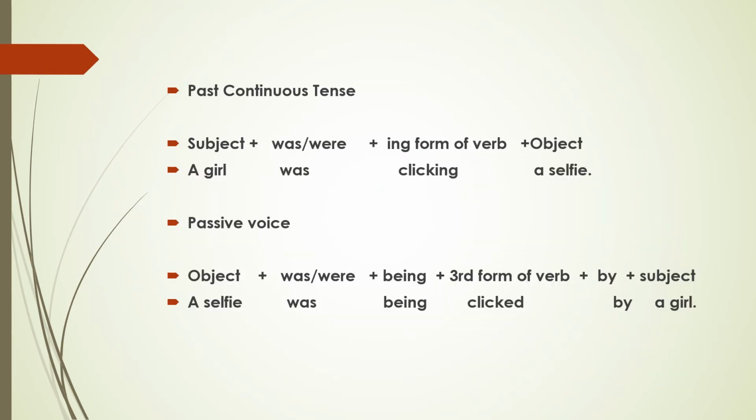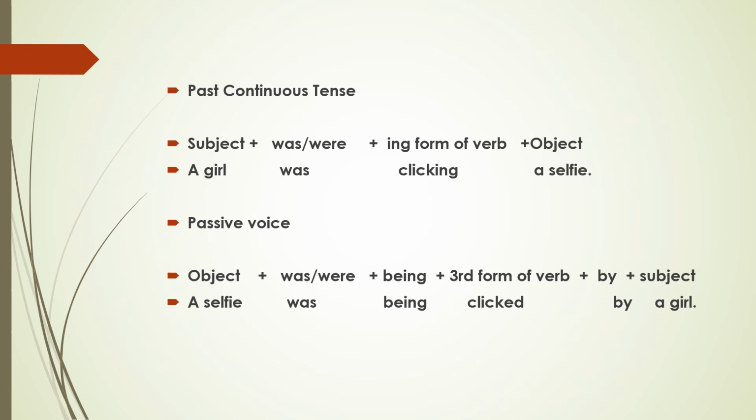So let's again revise the conversion of past continuous tense to passive voice. As you can see the formula, in the active structure there will be a subject, then was and were plus the ing form of the verb, followed by an object. But in the passive structure, an object will appear in the beginning, followed by was and were, and then there will be the addition of a new word, that is being, plus the third form of the verb, by, and the subject.